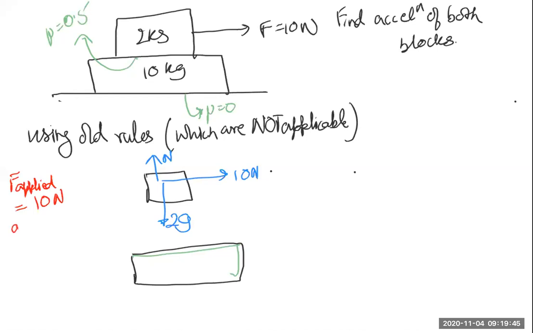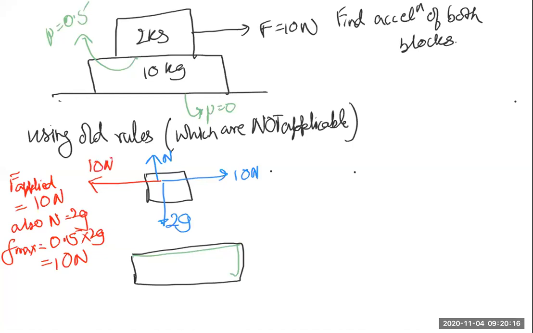Now also we have the normal reaction as 2g, and therefore F max is equal to 0.5 into 2g, which is also equal to 10 Newton. So you will say that look, friction will be opposite to this F applied, and this friction will have a value equal to 10 newtons because F applied is 10 newtons, right?